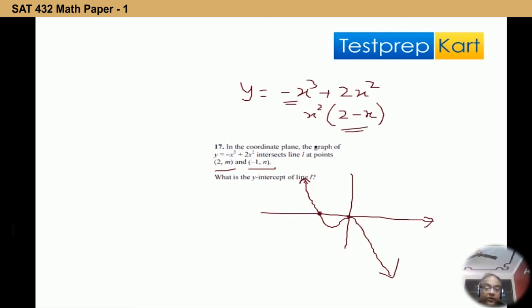So let me draw it here. This is 0, this is 2. So the graph will be like this.